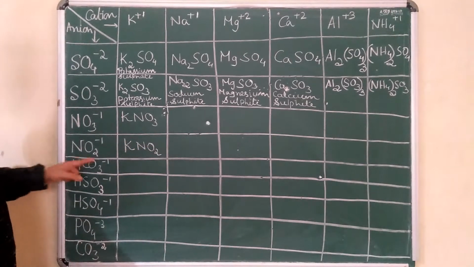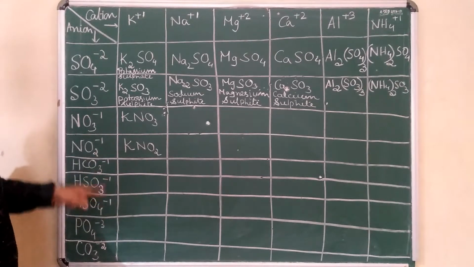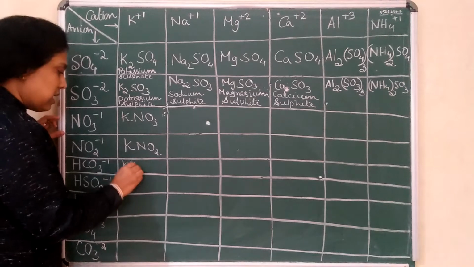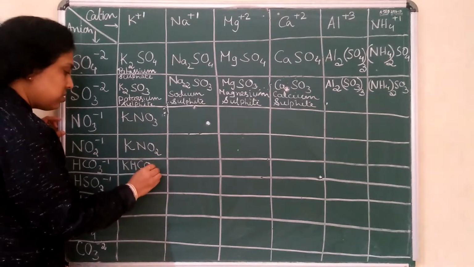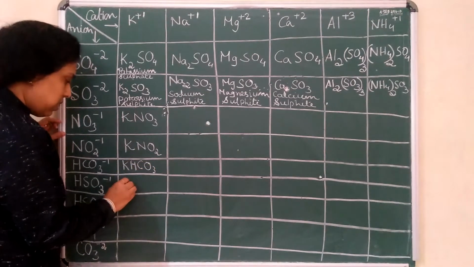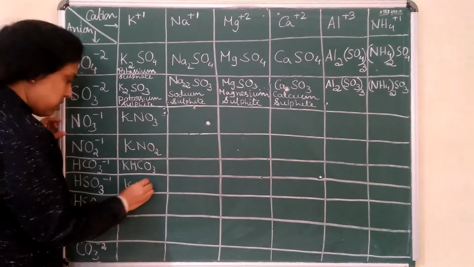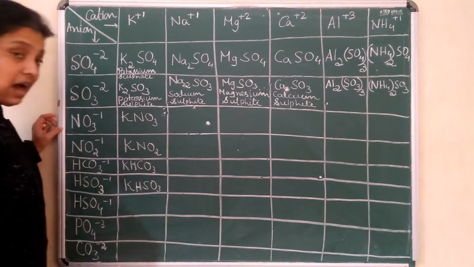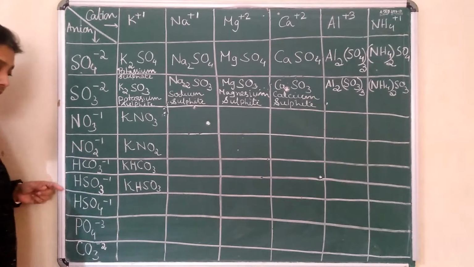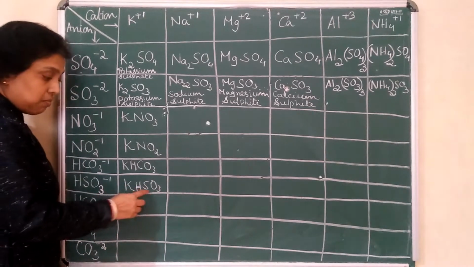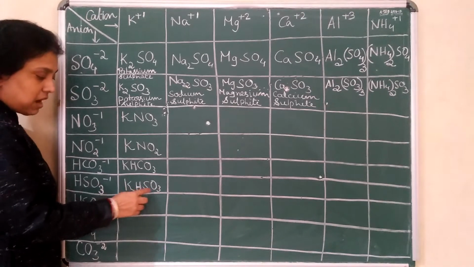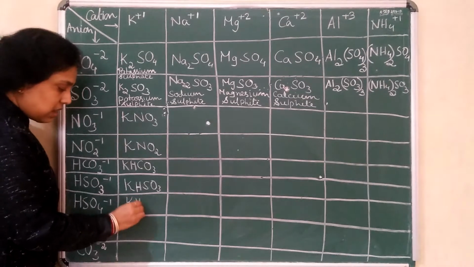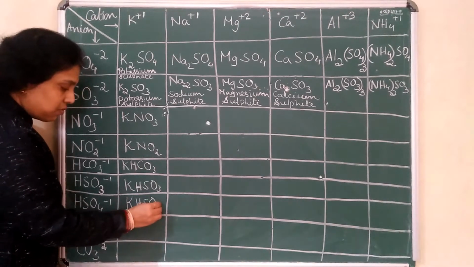Then bicarbonate 1. See, those which are 1 will be cancelled. So write KHCO3. KHSO3, hydrogen sulfite or bisulfite, potassium bisulfite or potassium hydrogen sulfite. Then SO4: KHSO4.